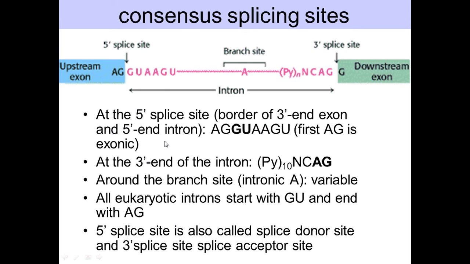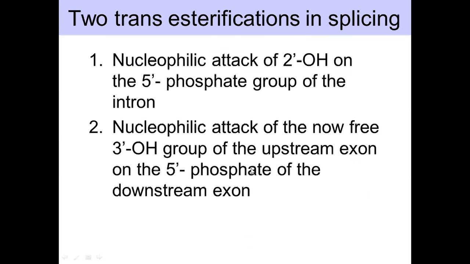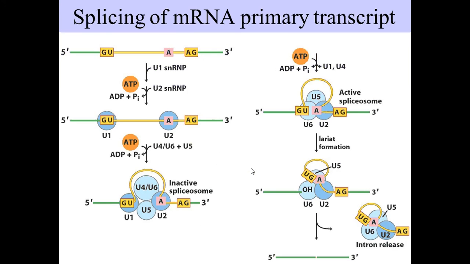In between the donor site and the acceptor site we have U5 and the U4 U6 complex. Basically U6 and U2 are involved in the transesterification reaction, which is going to occur here.